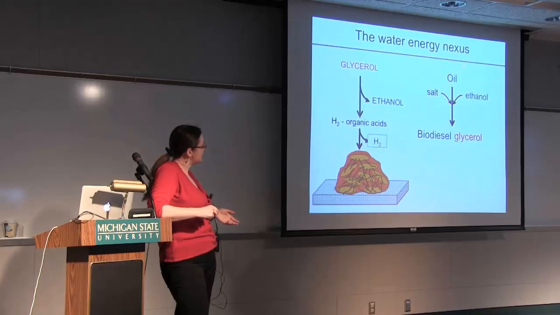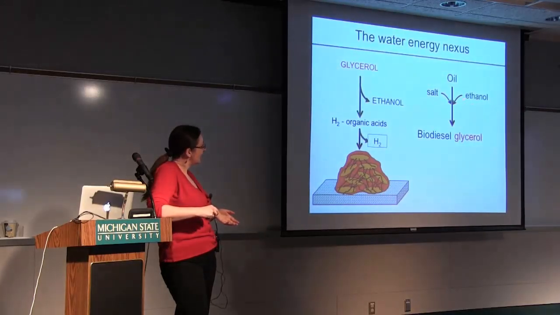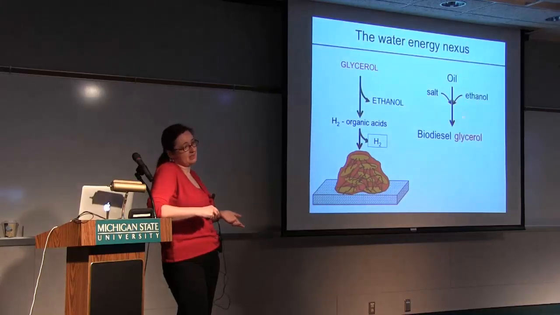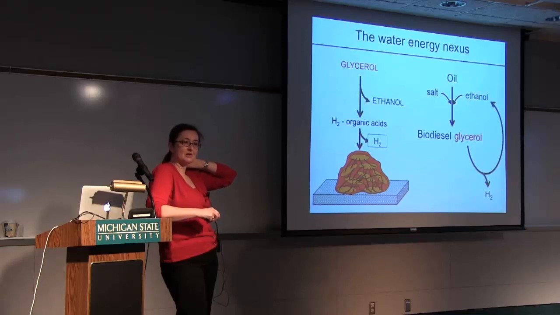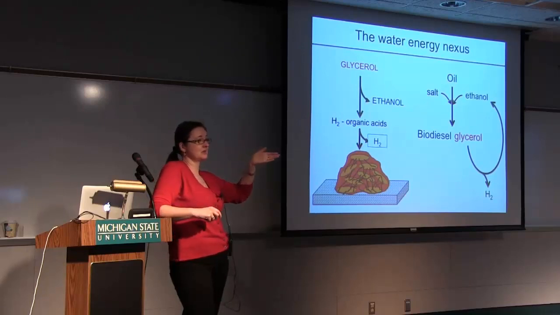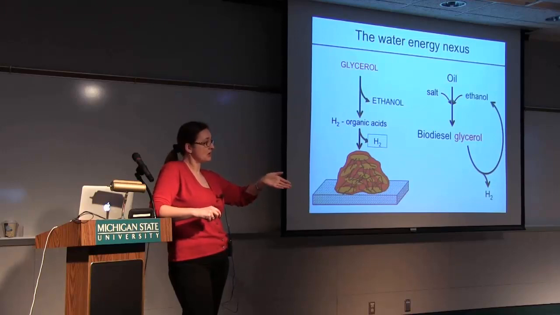Again, this is what happens in biodiesel. You have the oil in the catalysis with salt, and with methanol or ethanol, you make the biodiesel and you generate the glycerol. So if we can put this in a fermenter to make the ethanol, we can actually recycle it in the process, creating the feedstock that we use in the first step. The only reason why U.S. biodiesel plants use methanol is because it's cheaper, but it's made from petroleum.